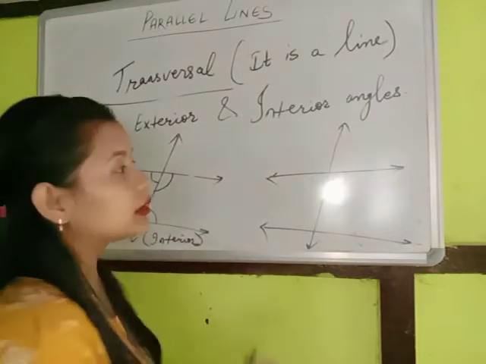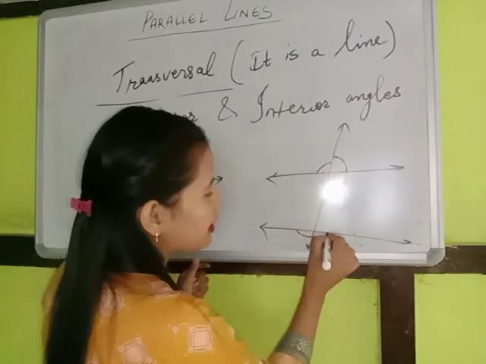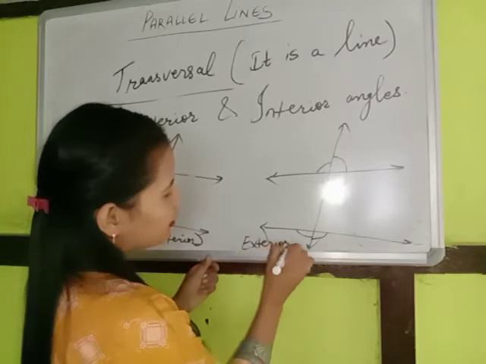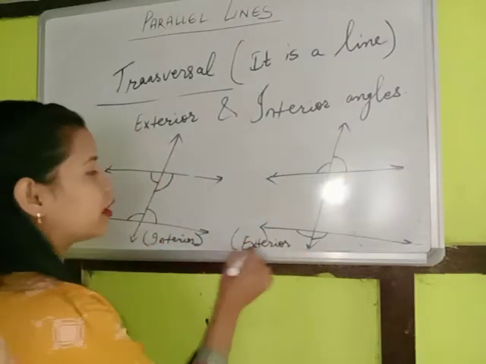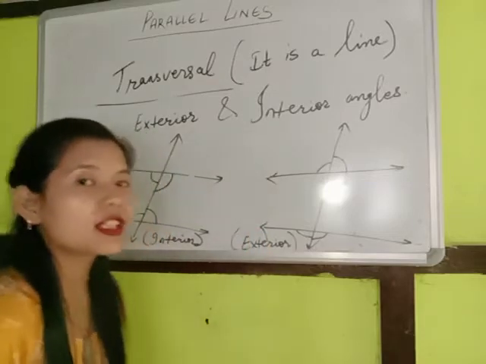And those angles that lie outside the two lines are named exterior angles. Is that clear? So these are the interior angles and these are the exterior angles formed.